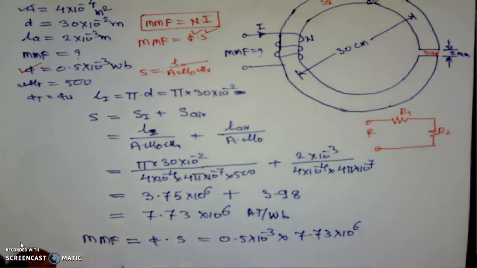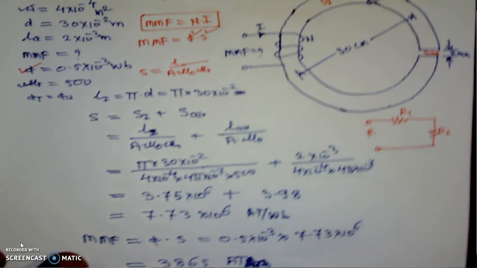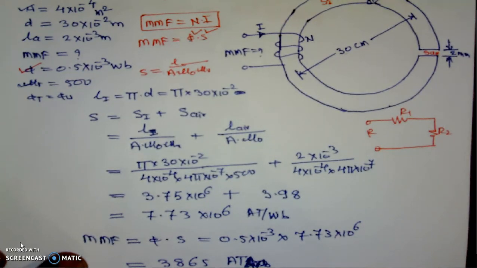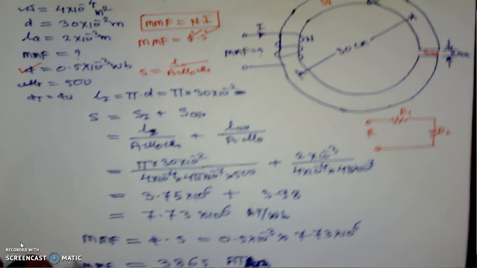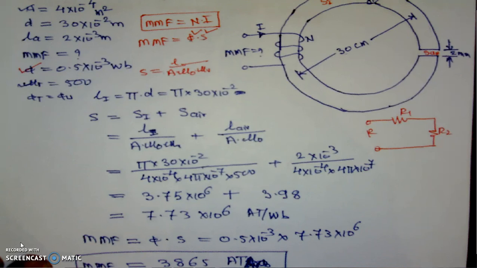And if we are working on this calculation, its MMF, that is magnetomotive force, is found to be 3865, and its unit is ampere turns, because MMF is measured in ampere turns. Now here in this particular case, this is the value of the MMF as per this calculation. This is the first calculation.